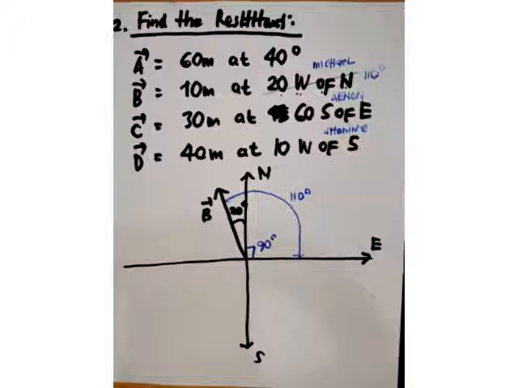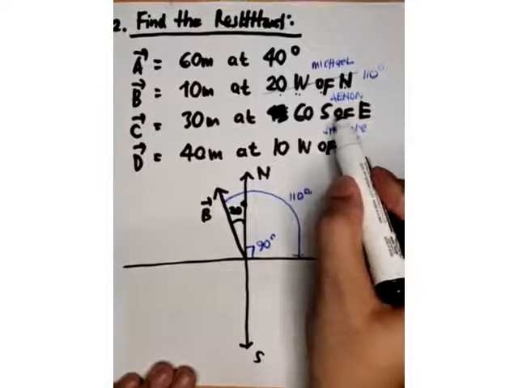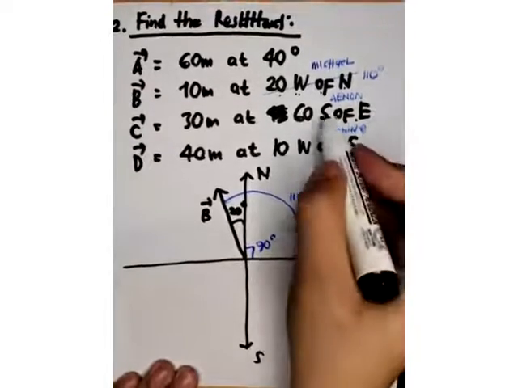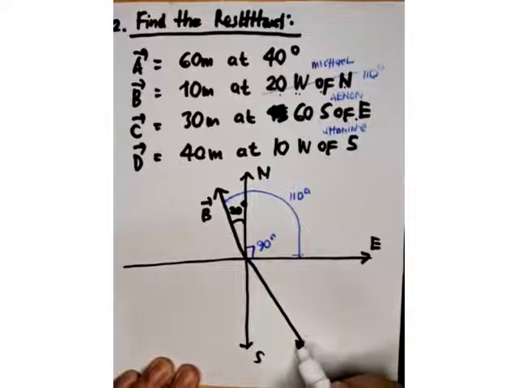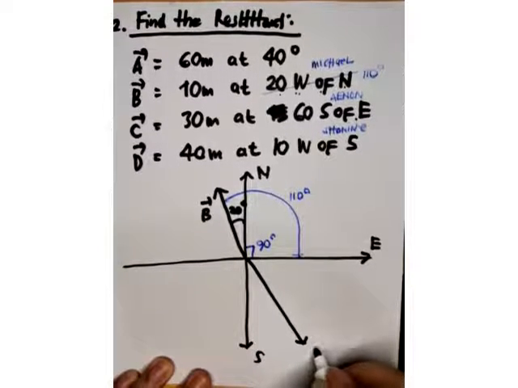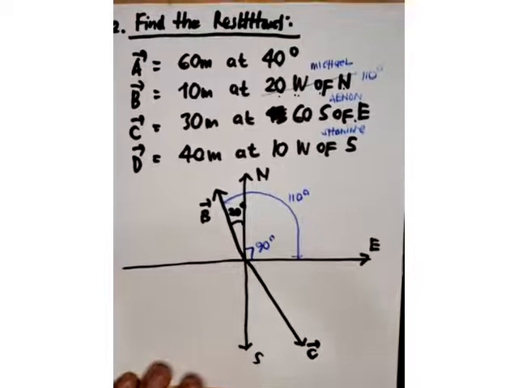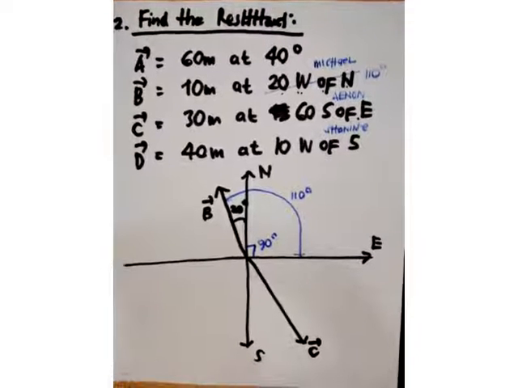I think, o sige, you rethink. South of east, references east, tapos pupunta siya ng south ng 60 degrees. So, nandito lang siya. Okay, so nandito yung vector C.